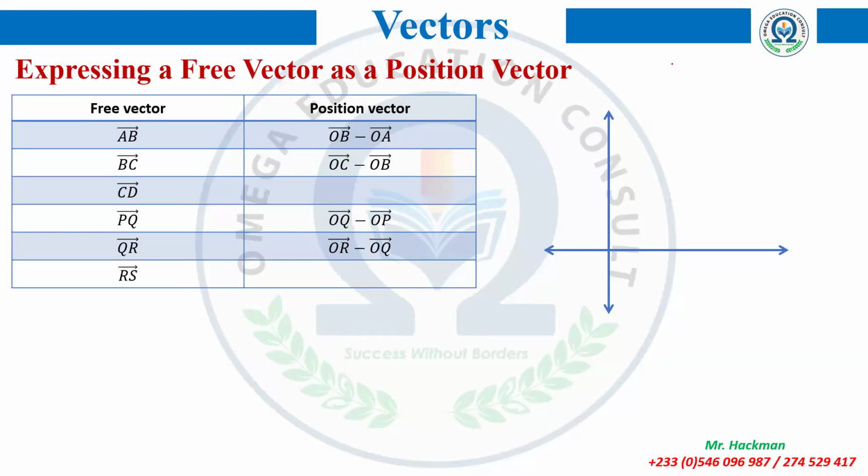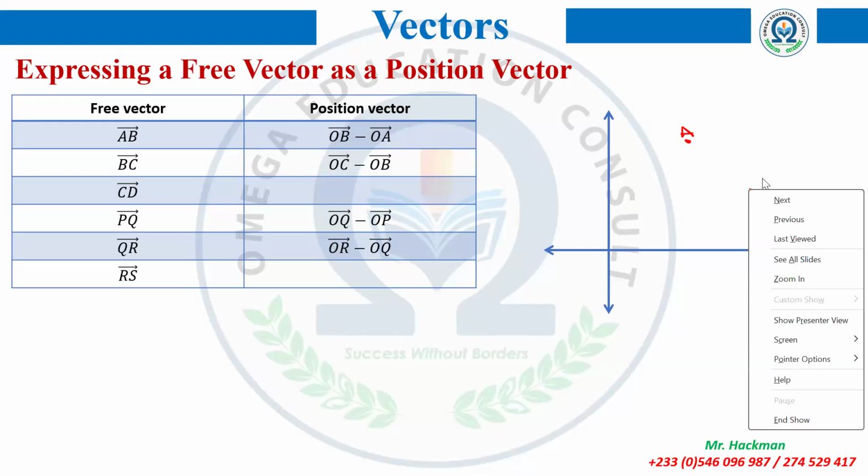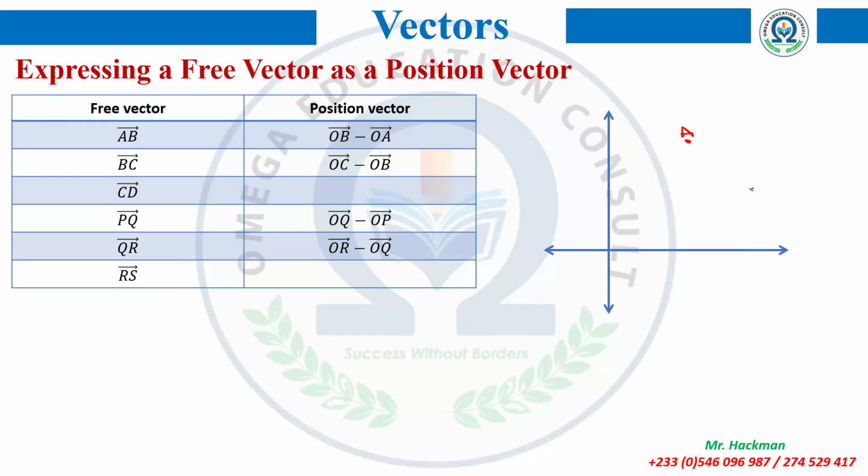So assuming my A is here, I have the point A. And I have another point, also in the first quadrant, just because I want to avoid working with negatives. That point is B. So here I'm moving from the point A to B, and this will be the vector. Is that clear?